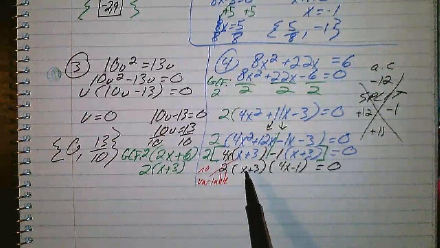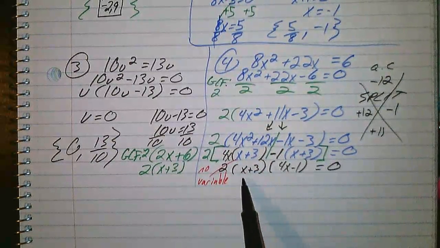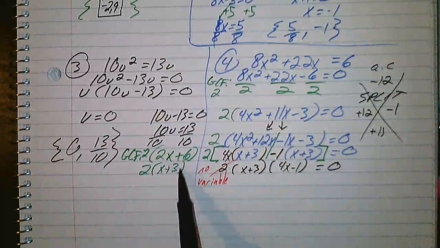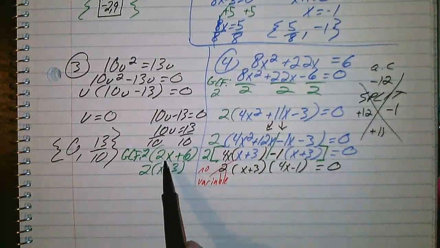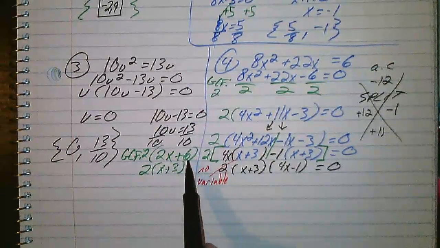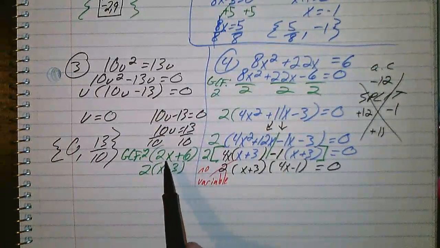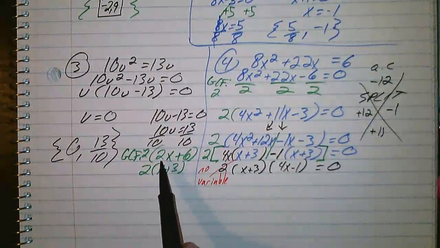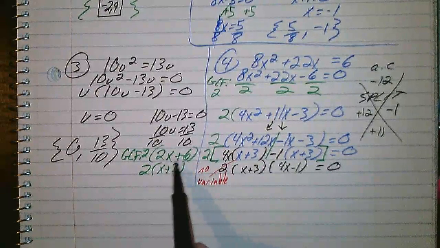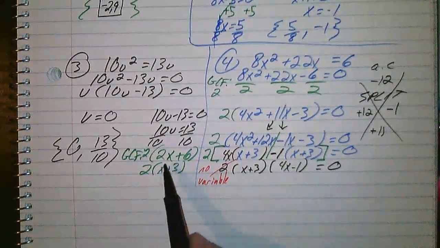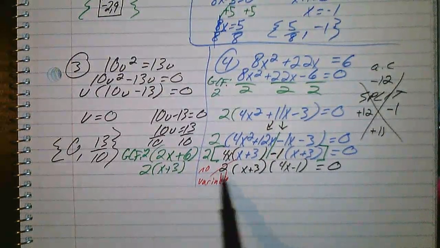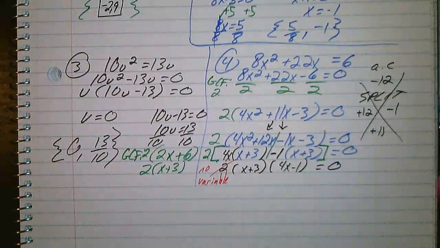So again, if you worked a problem out like this without taking out the GCF, your factor would look like this, 2x plus 6. So if you have a GCF in one of your final factors, you could actually just take it out then, and then you see we have the 2 times x plus 3.